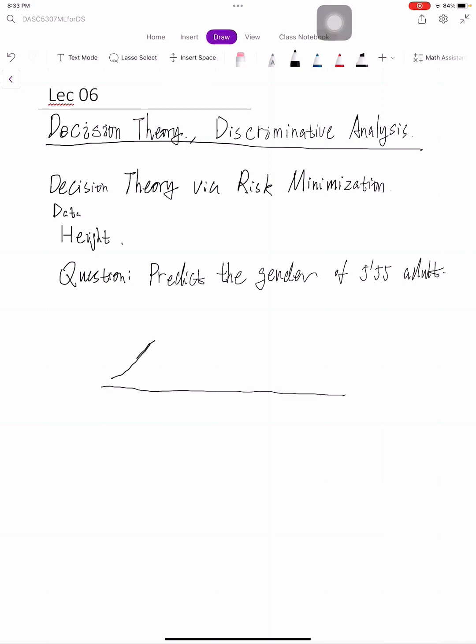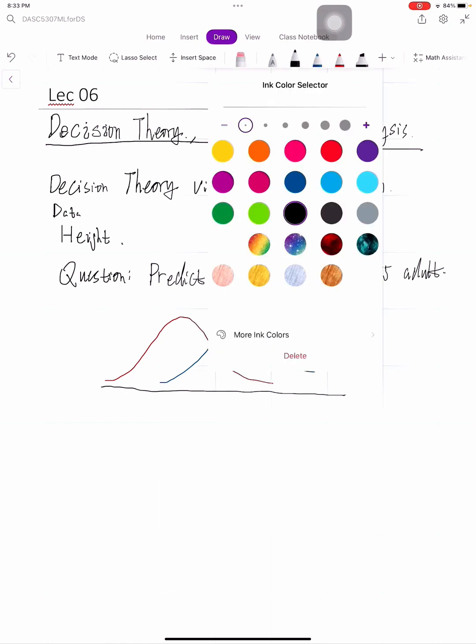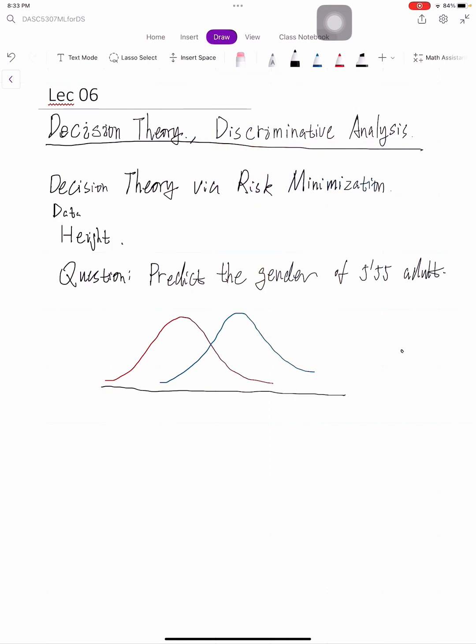For example, we have the distributions of the height. You collect the data about people's height, and from your data, based on the labels of the genders, usually you can have this type of data. We have two modes. It is known that in general the female's height is lower than the male's height, right?